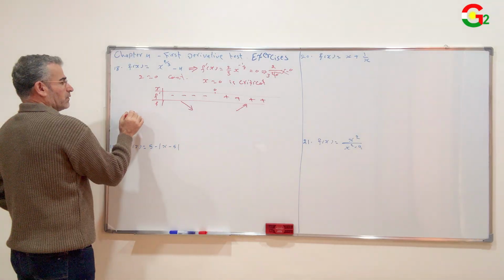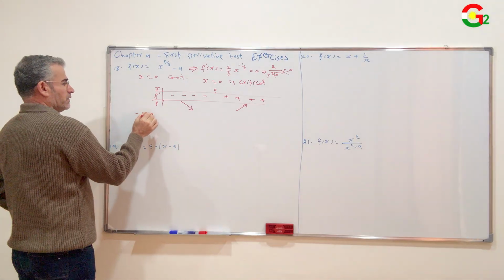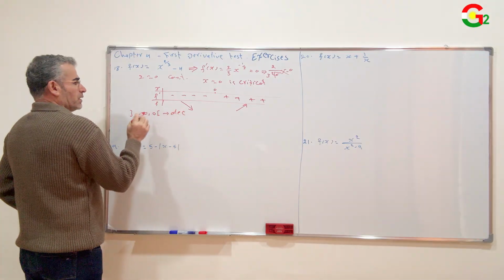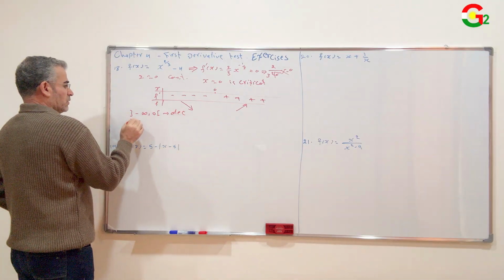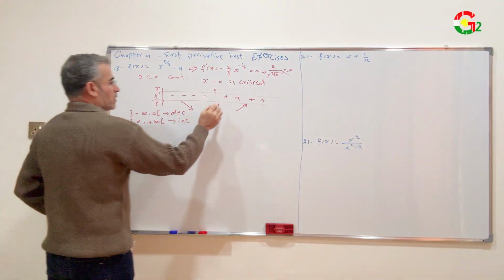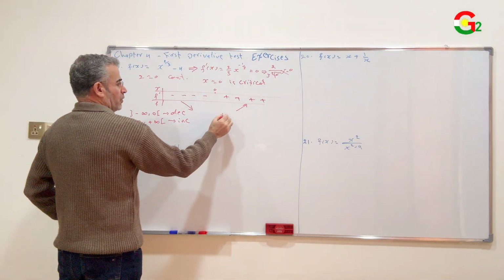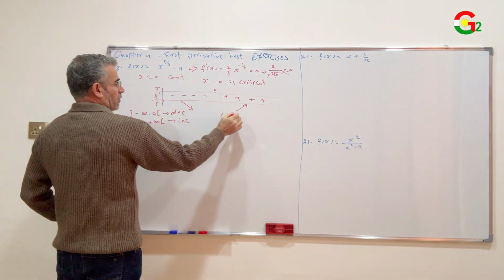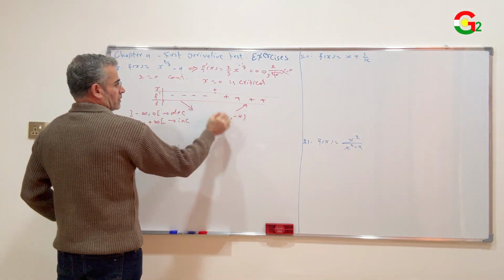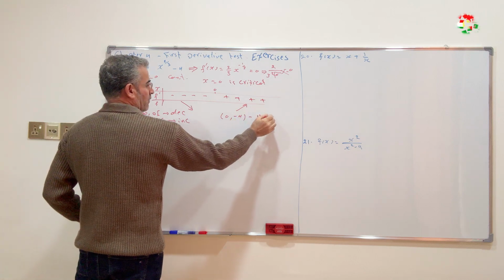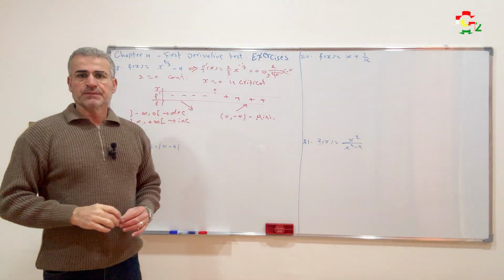The interval of decreasing is negative infinity to 0, and the interval of increasing is from 0 to positive infinity. The point 0 with negative 4 is a local minimum extremum for this function.